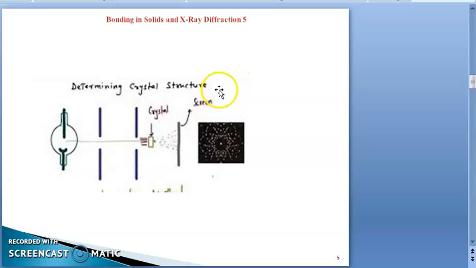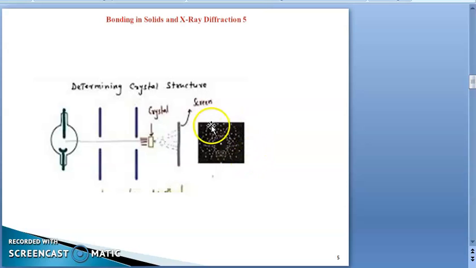See here how to determine the crystal structure. This apparatus is shown here, and on the screen you will get such dots of the crystal.